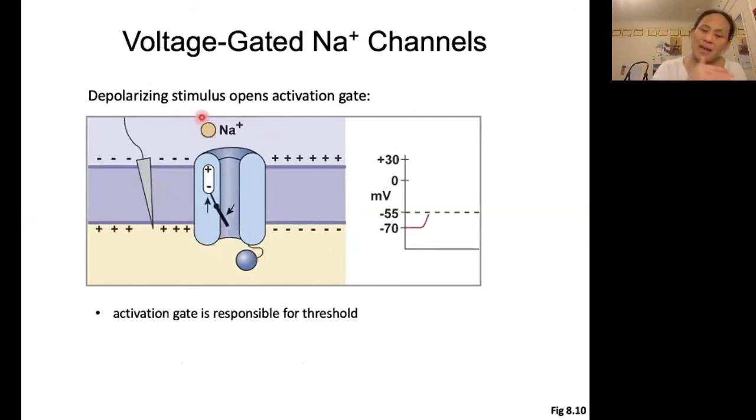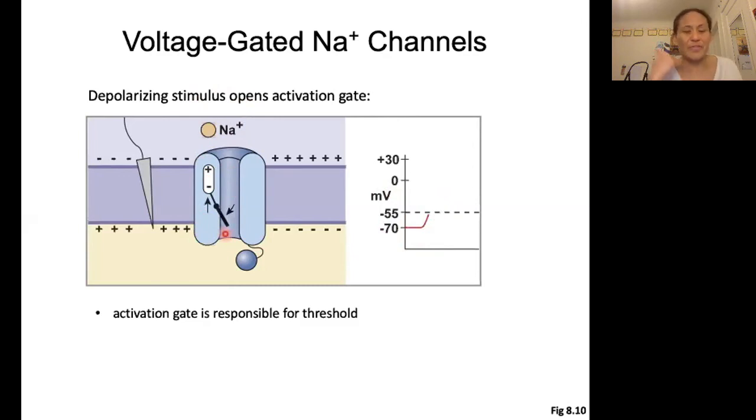So remember the next thing that happens, or the first thing that triggers the action potential, is that we have a depolarizing stimulus come in, okay? When that depolarizing stimulus comes in, that opens the activation gate, okay? And it's that gating that is responsible for the threshold of the action potential.